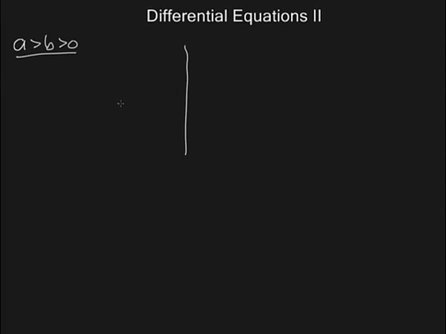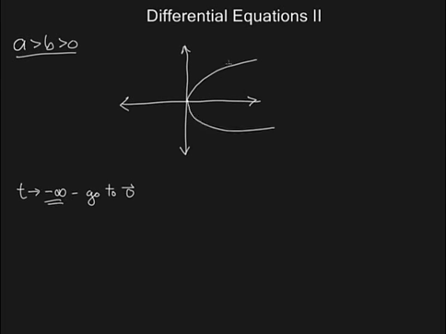Okay, let's look at the case when a and b are both positive. So both axes are pointing out. And how do you put a family of curves that fit nicely here? Well, the key thing to notice is that as t goes to minus infinity, everything is going to 0. So you must have a bunch of curves that all go through the point 0, and it turns out they look like this.